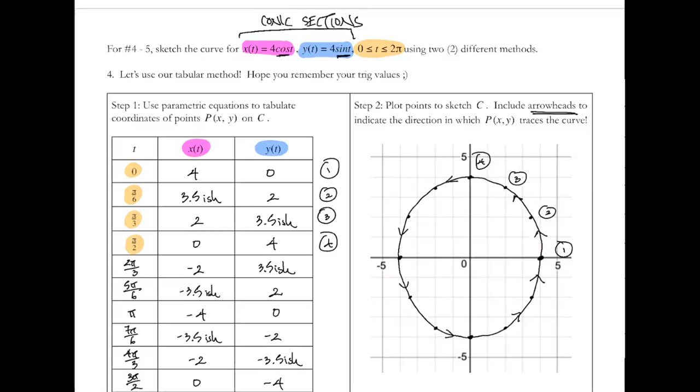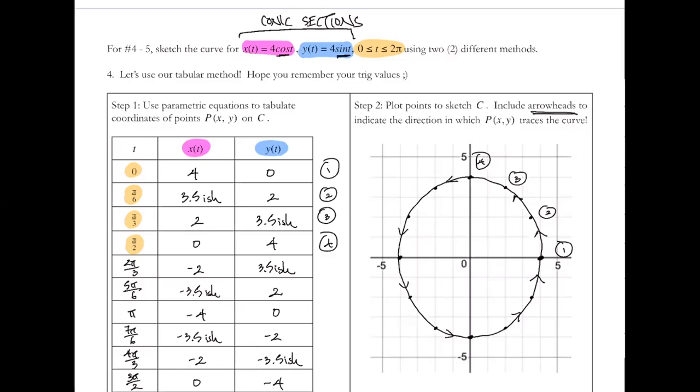If I have 4 sine t for x and 4 cosine t for y, what do you think might change about the graph? Yeah, Isis, you really got that one. It is switching the directions, okay?